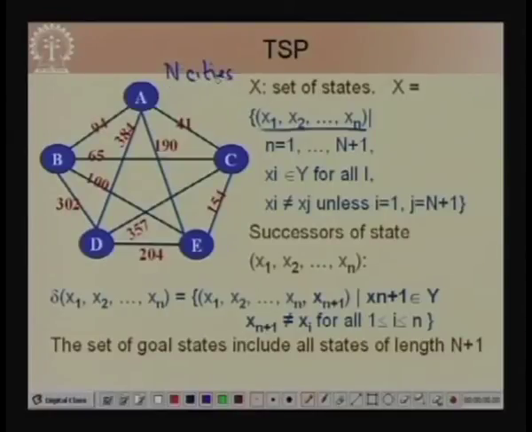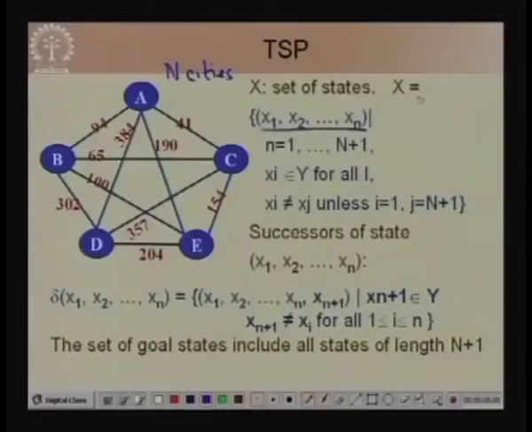A TSP tour is actually a tour of n plus 1 cities, where the first city is the same as the n plus 1th city. So, the salesperson completes a tour of all the cities and comes back to the starting city. Every other city in the path is distinct. So, this is the representation of a state.